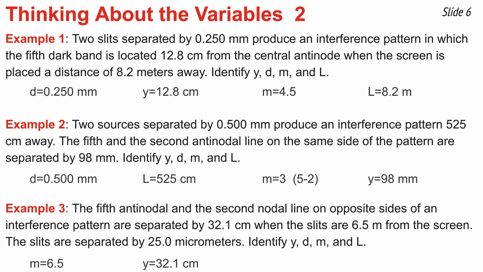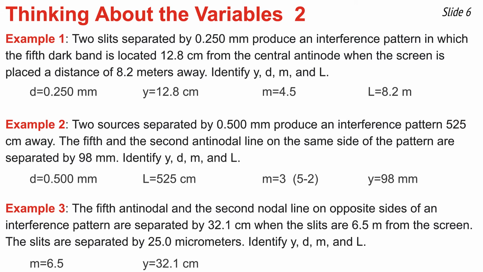So from central to the 5th antinodal is 5 spacings. And then from the central antinodal to the 2nd nodal opposite side is 1.5 spacings. That 2nd nodal is between the 1st antinodal and the 2nd antinodal, which is why you get 1.5 there. So that becomes 6.5 for M.